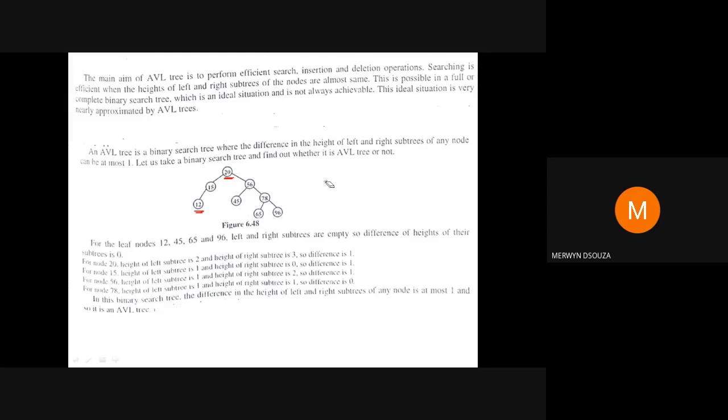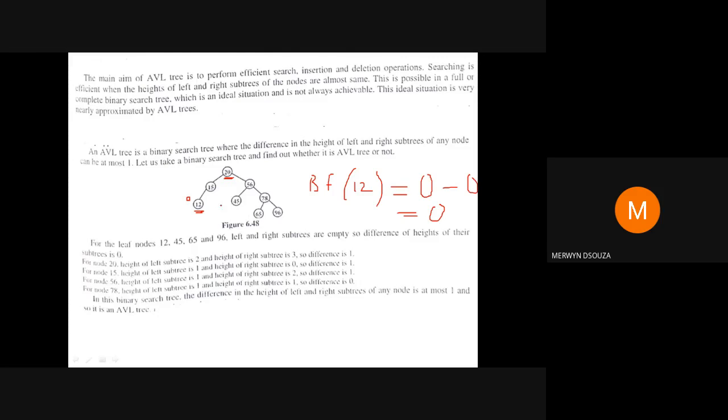When calculating the balance factor for 12, there is no left subtree, so I will write 0, minus no right subtree, so 0 minus 0 is 0. You write the balance factor like this on top of the node. Since it has no left or right subtree, the balance factor will be 0.